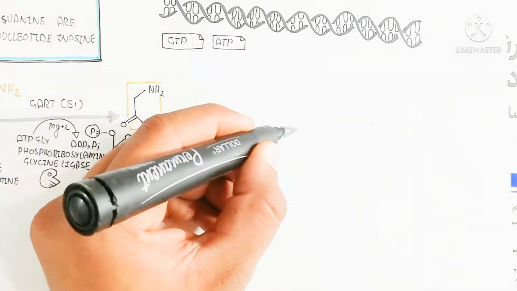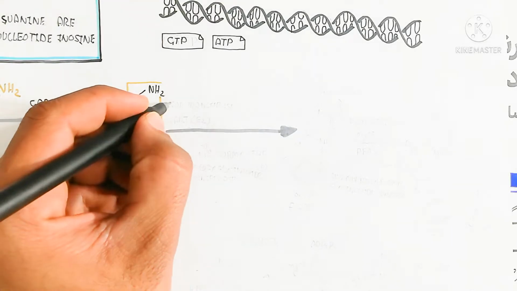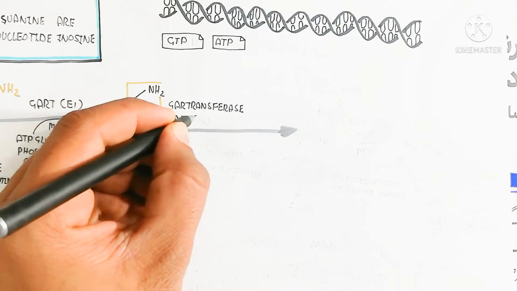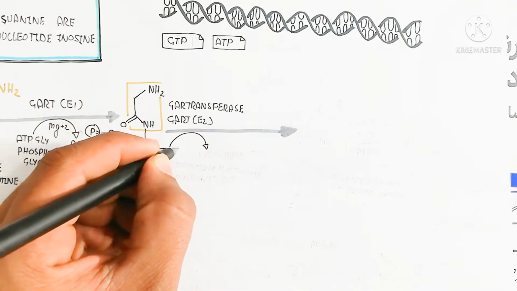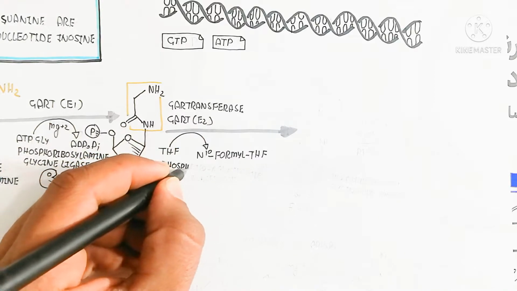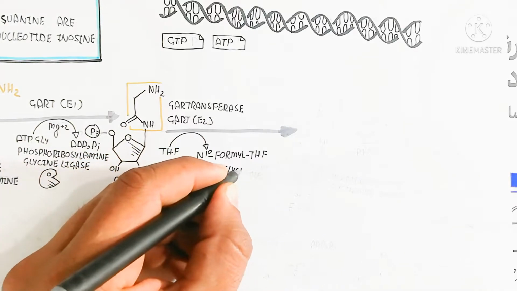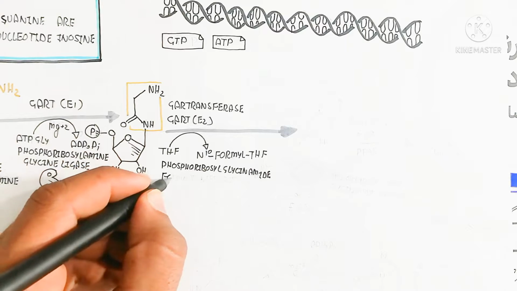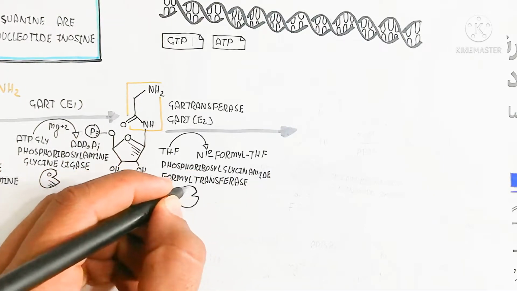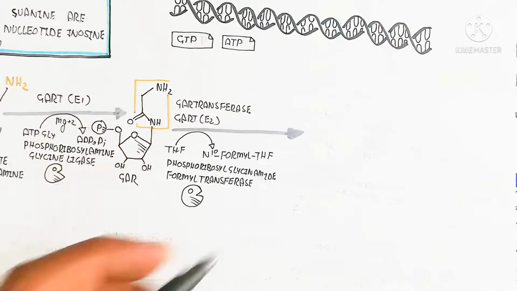The next step, the fourth step, is the GAR transferase enzyme, which uses N10-formyltetrahydrofolate, the formyl group on nitrogen 10.